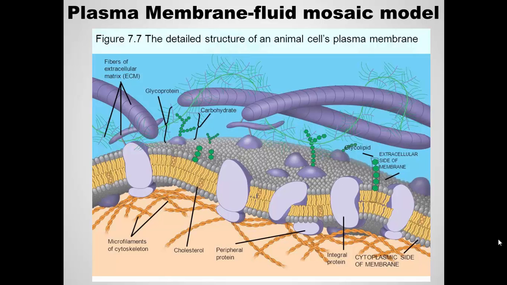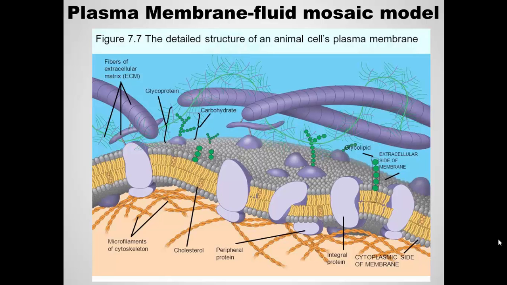So a phospholipid kind of looks like maybe a sperm cell. The head of this gray part is the phosphorus part. Then each of those phosphorus parts has two tails, two lipid tails coming off of it. What do you know about lipids in water? Do they like each other? No, they don't mix well.